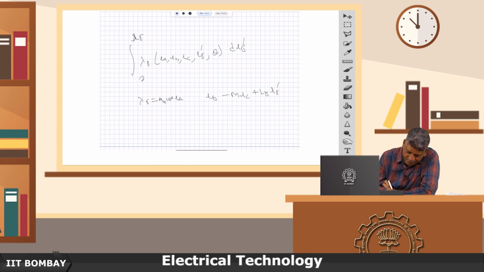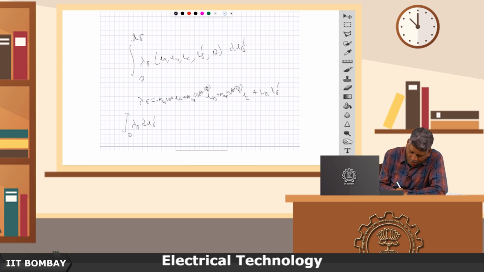I will just explain one term, the final one, in case you have forgotten the way we did it earlier. Theta minus 2 pi by 3, this term will be plus MAR cos of theta plus 2 pi by 3 into IA, IB, IC, and then LR IR dash, and then we are doing lambda I dIR dash from 0 to IR.